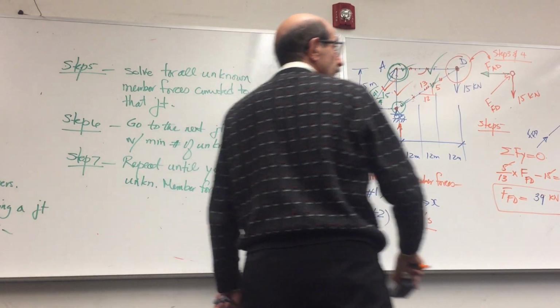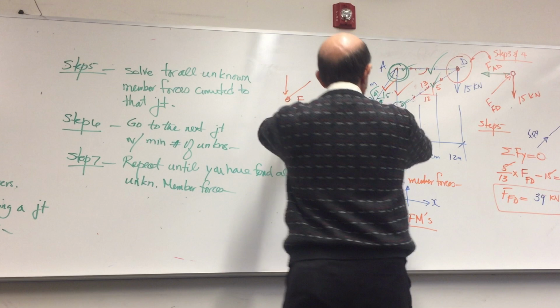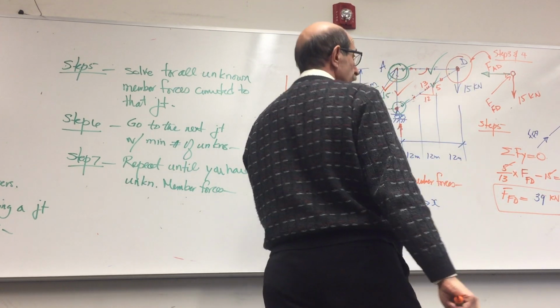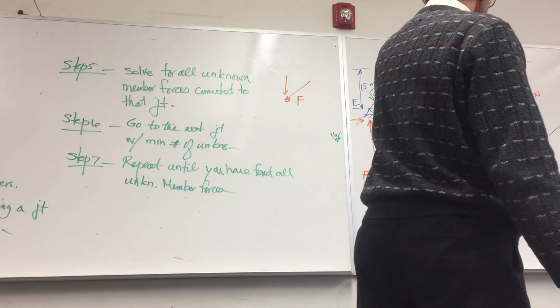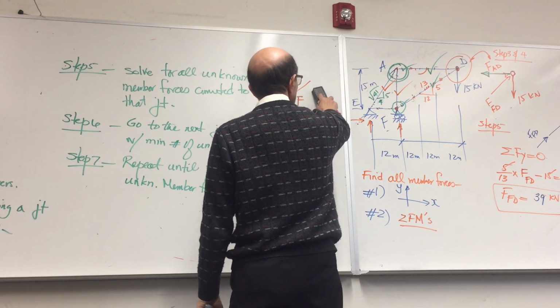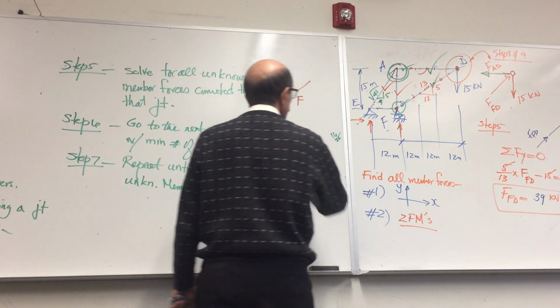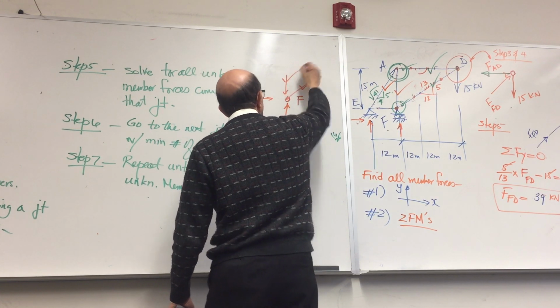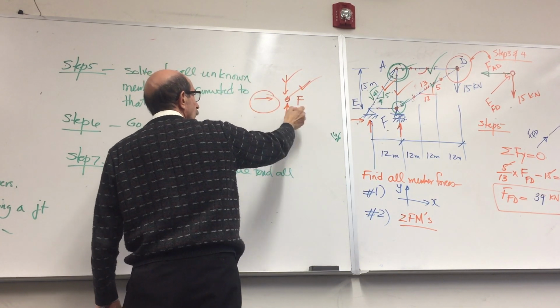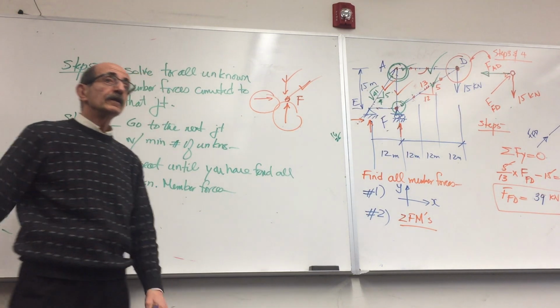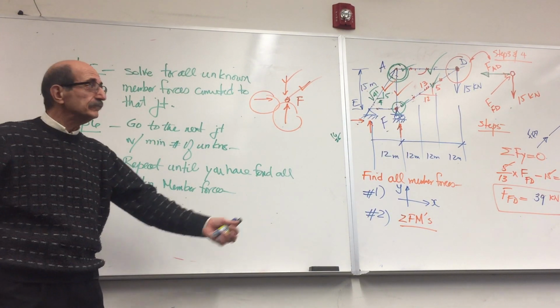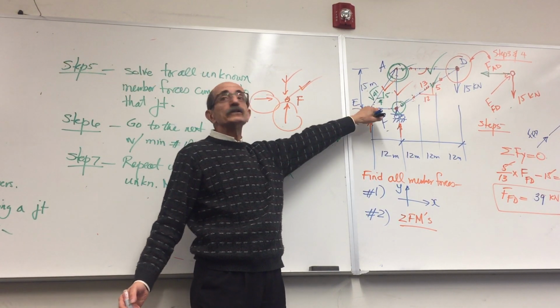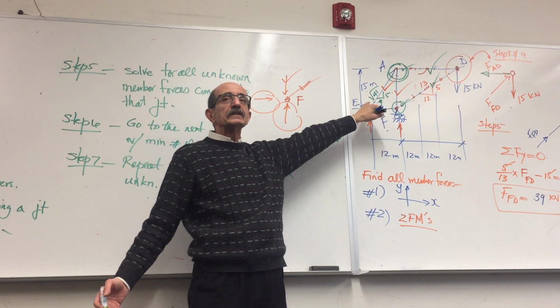And FD was compression, this one was compression, this one was also compression. And then you have this, and you have this. You have only two unknowns, which you can find. And once you find that, you end up with a joint that you never used and did not have to use.